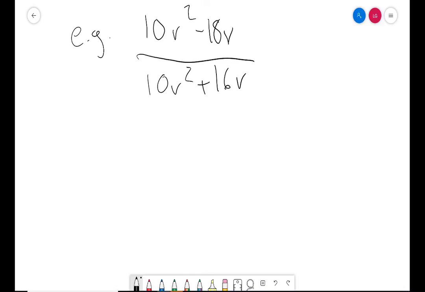Let me show that, actually. It's probably worth showing. The bottom, we cannot divide by 0.